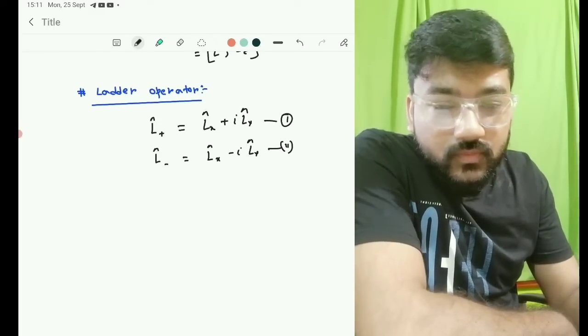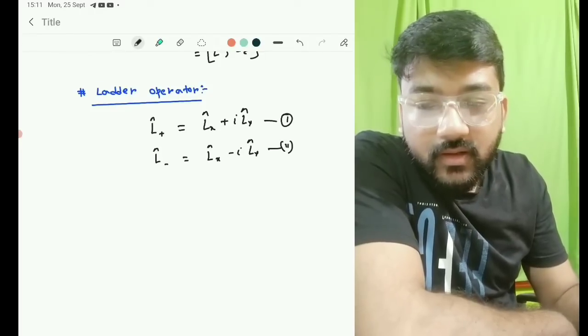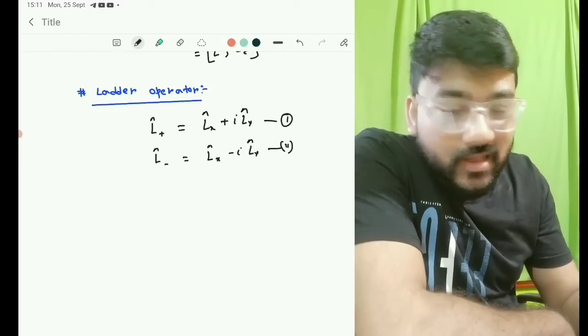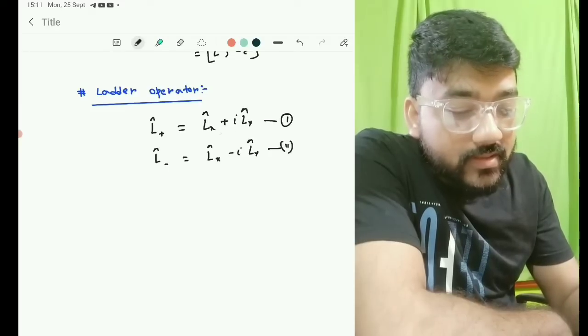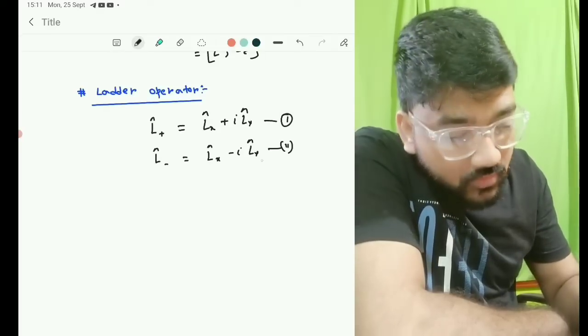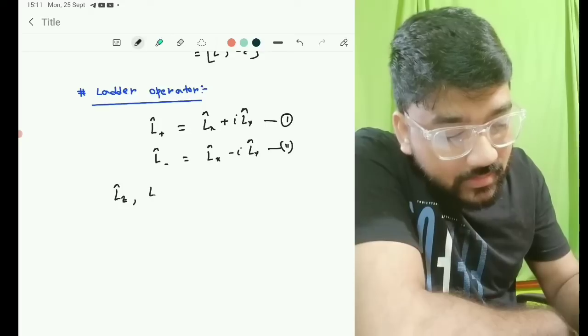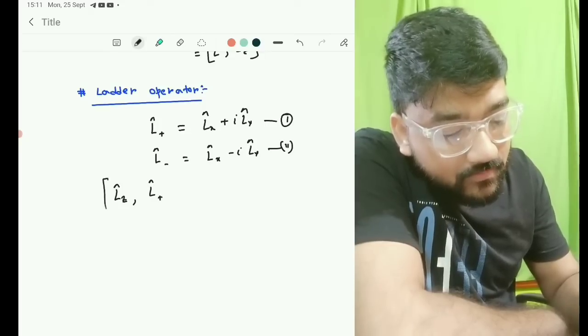Now, if you want to know the commutation relation between the ladder operator and the Lz cap operator, because Lx and Ly are here, sometimes you need the commutation relation between Lz and L plus.